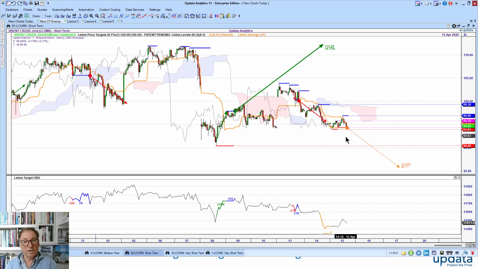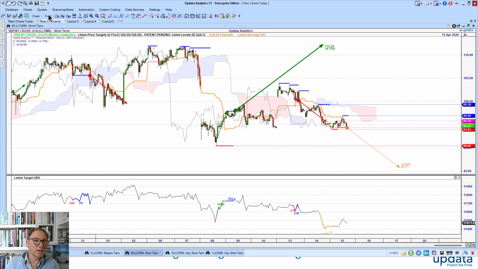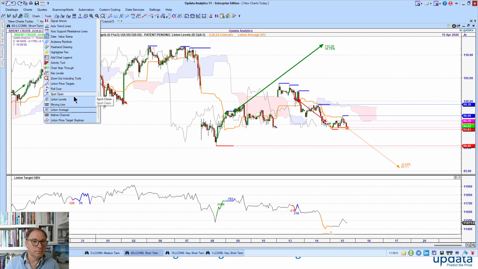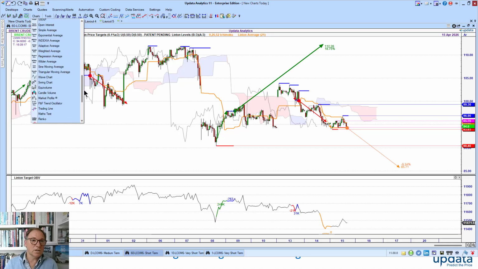This is a midpoint average, and I could actually do a midpoint overbought oversold, and there's a whole series of these tools that we're adding all the time, so quite interesting there as well. So do keep an eye out for those tools in your Updata system.